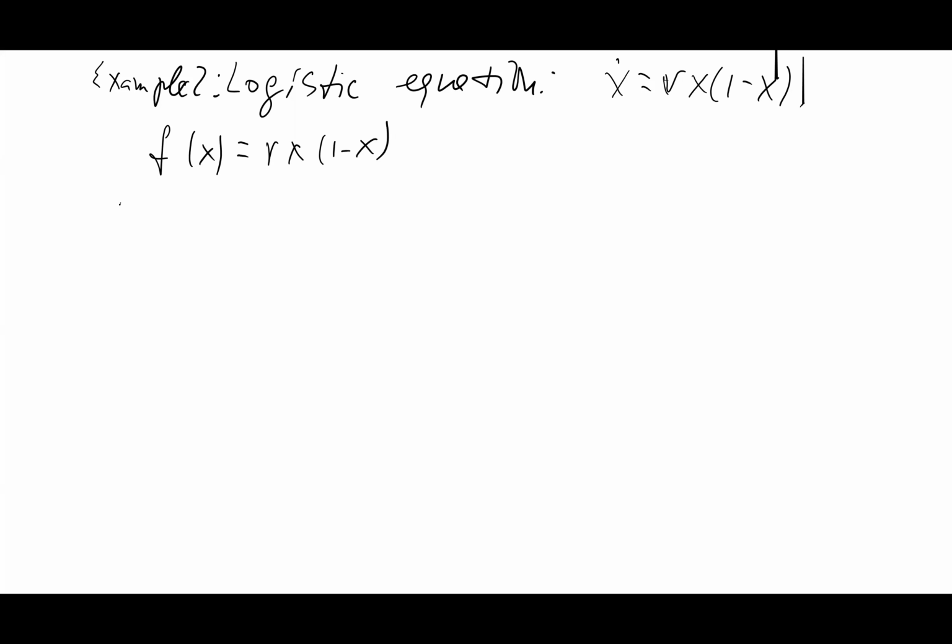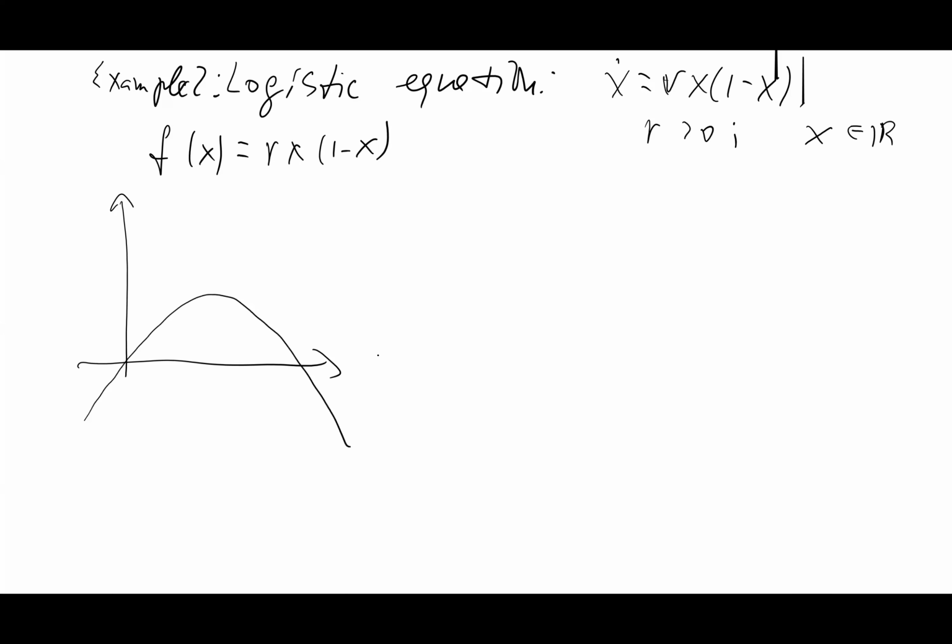If we plot it, let's say here r is positive, and x could be any. So this is our plot of f of x against x. The roots of this are x1, which is 0, and x2, which is 1.